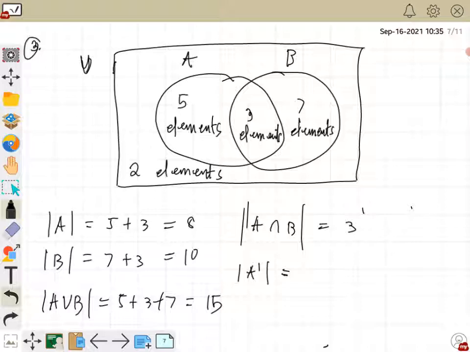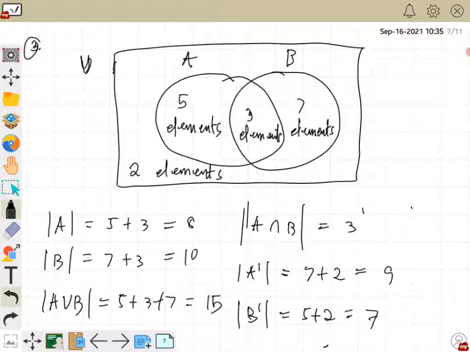That's 7 for B only, and 2 for outside of the circles. So 7 plus 2, that is 9. How many elements are there in B complement? B complement is outside B, that is 5 and 2, that is 7. Really good.